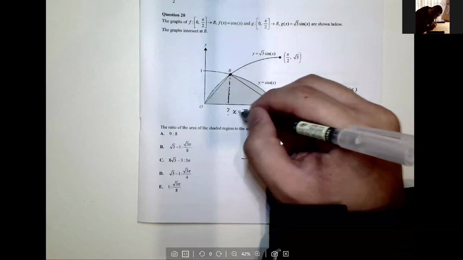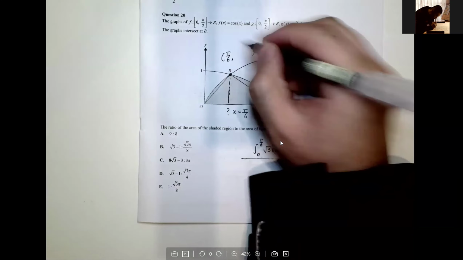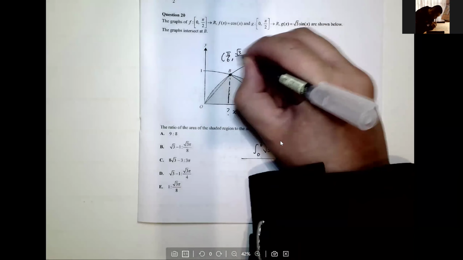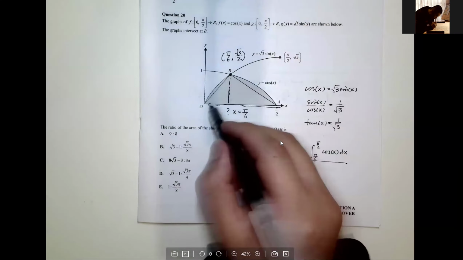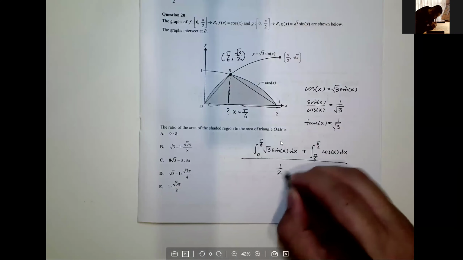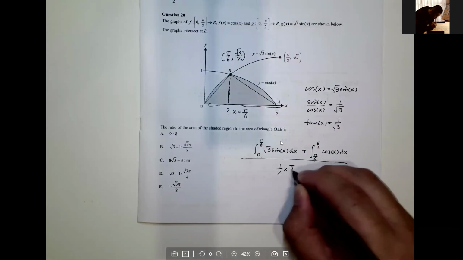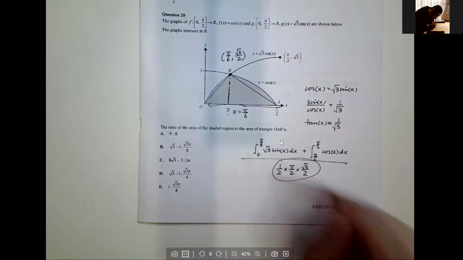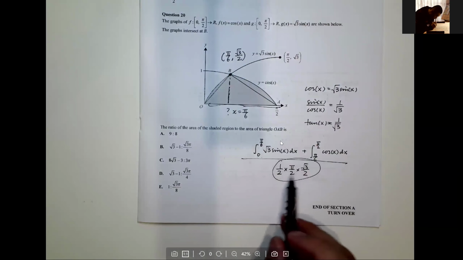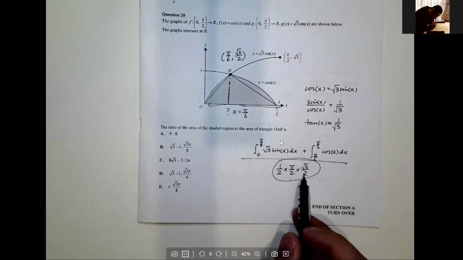If you sub in pi on 6 here, cosine pi on 6 is √3 on 2. So the area of the triangle is half base times height, half times base half pi times √3 on 2. So eventually the bottom should look like √3 pi divided by 8.